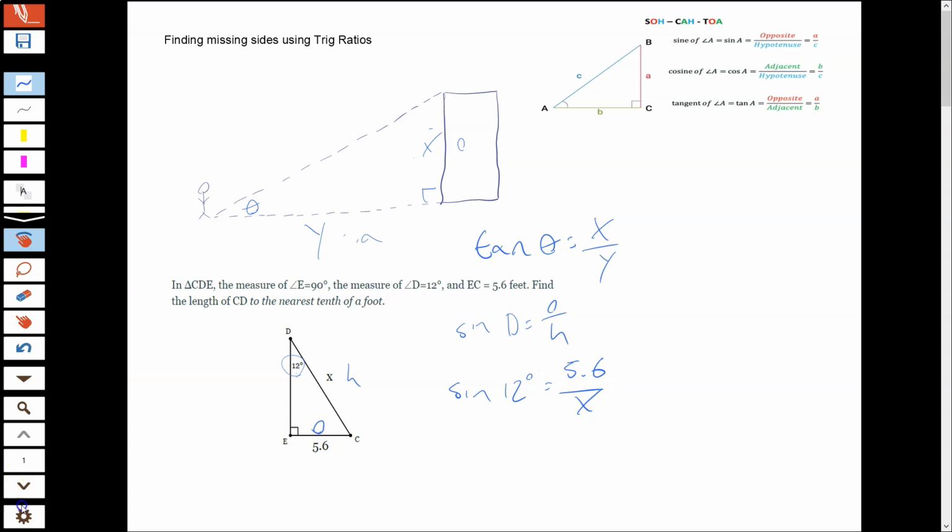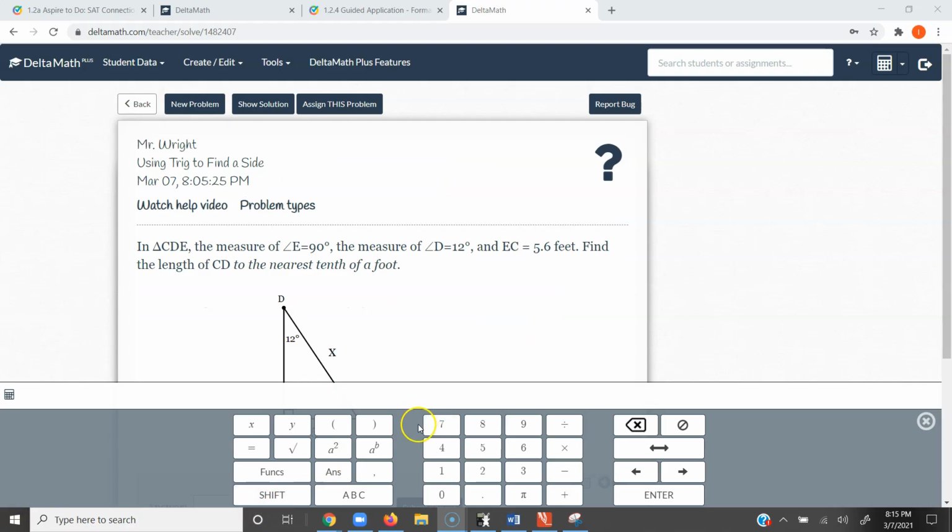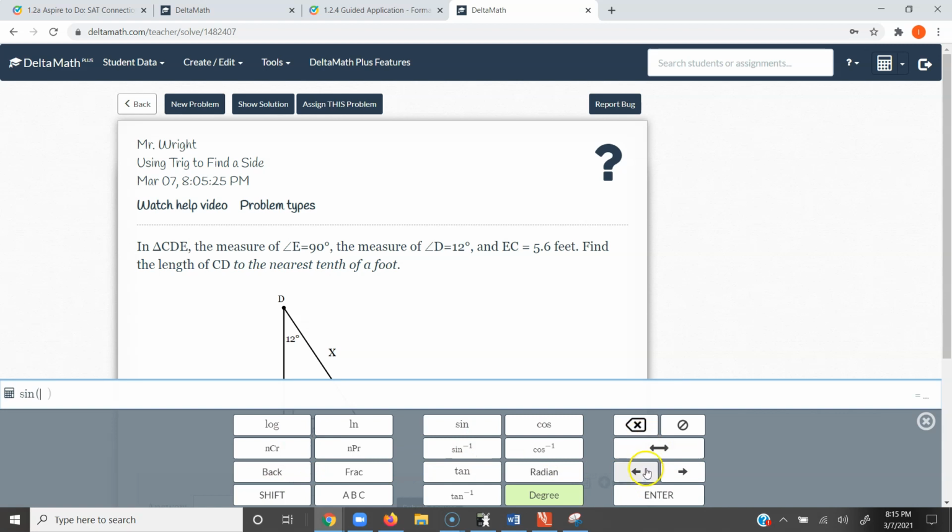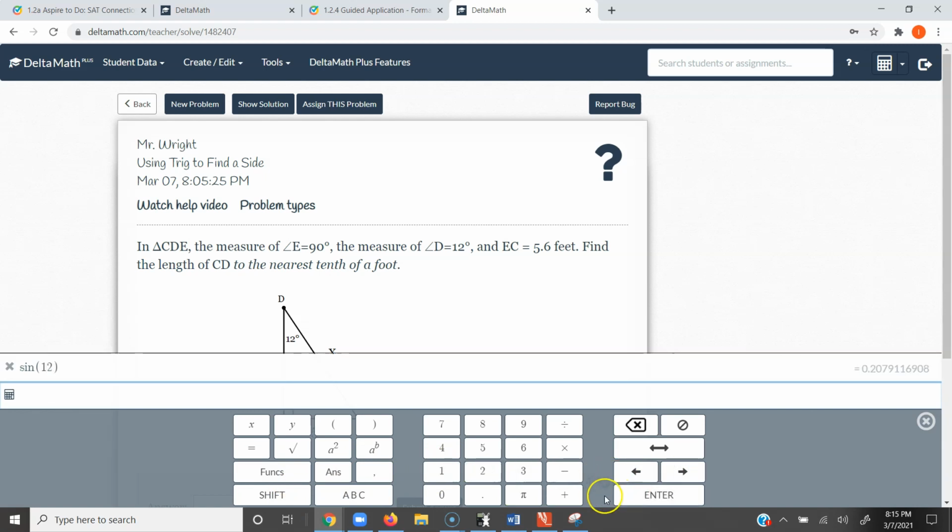Okay. Now I have to solve. Here's where we're going to need a calculator. And I'm going to show you how to do it on the Delta Math calculator, although your TI-84 will be easier. So I hit functions, and then sine, and then I'll hit back, and then I'll type in 12. And I'll get a number like this.